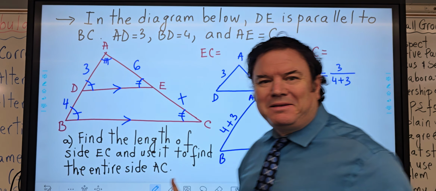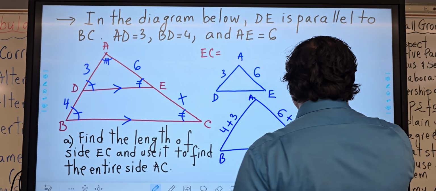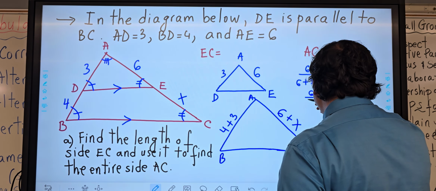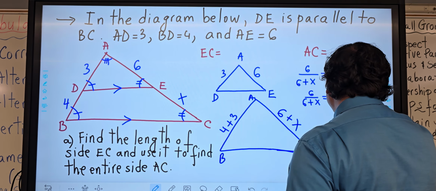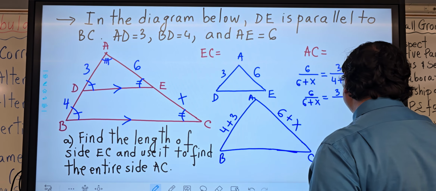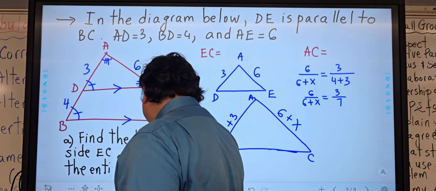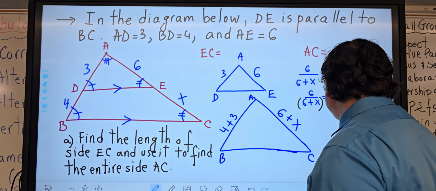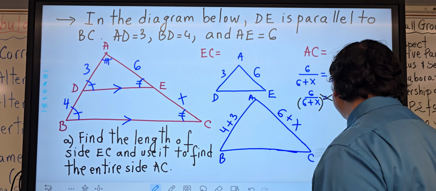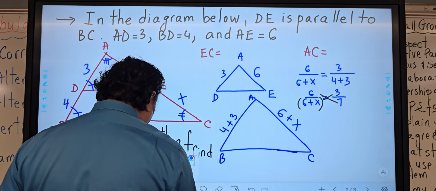Okay, that's it. And now let's see if we can simplify this. So we have 6 over 6 plus X equals 3 over 4 plus 3, which is 7. And again, don't forget to put parentheses around 6 plus X, and then let's cross multiply in order for us to find X. Okay, let's see what we get.